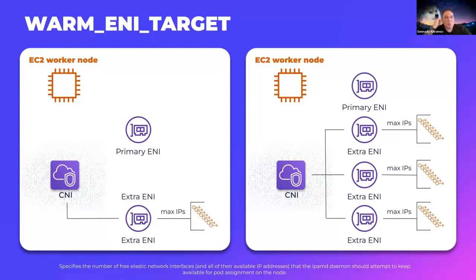First, it's WARM_ENI_TARGET. The default setting is 1, and this means that the IPAM daemon should keep one full ENI of available IPs around. IPAMD will periodically check that it has the right number of available IPs attached and call EC2 to attach or detach ENIs with IP addresses.